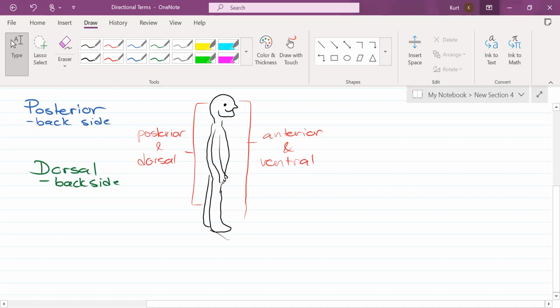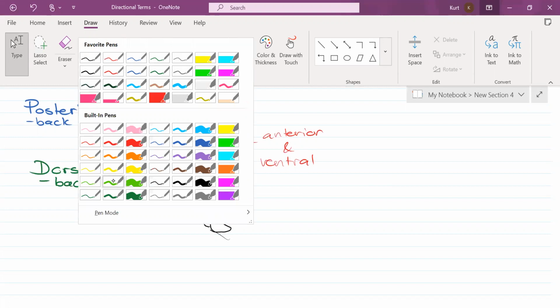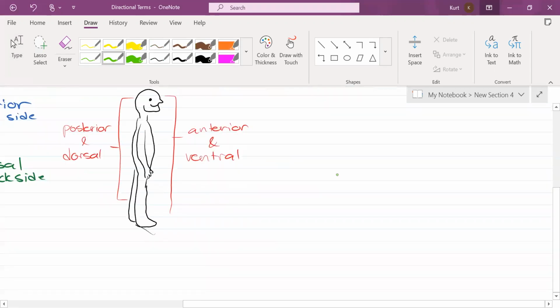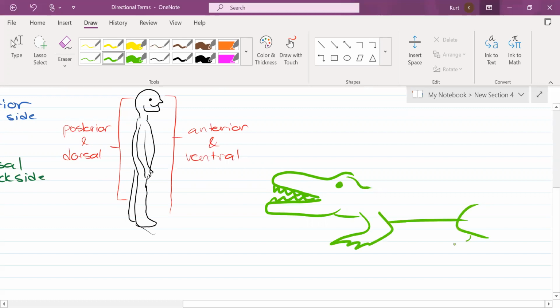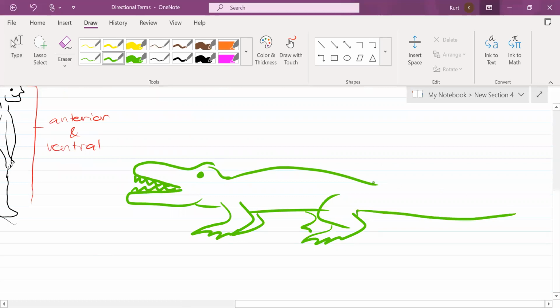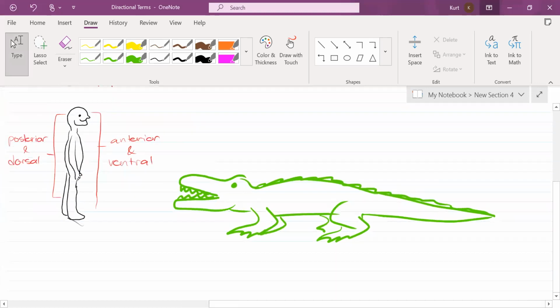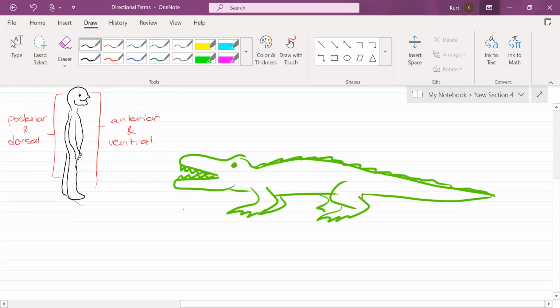But let's take a look at a four-legged animal. Like a crocodile. Okay. I'm going to put a surface in brackets. You tell me what it is.